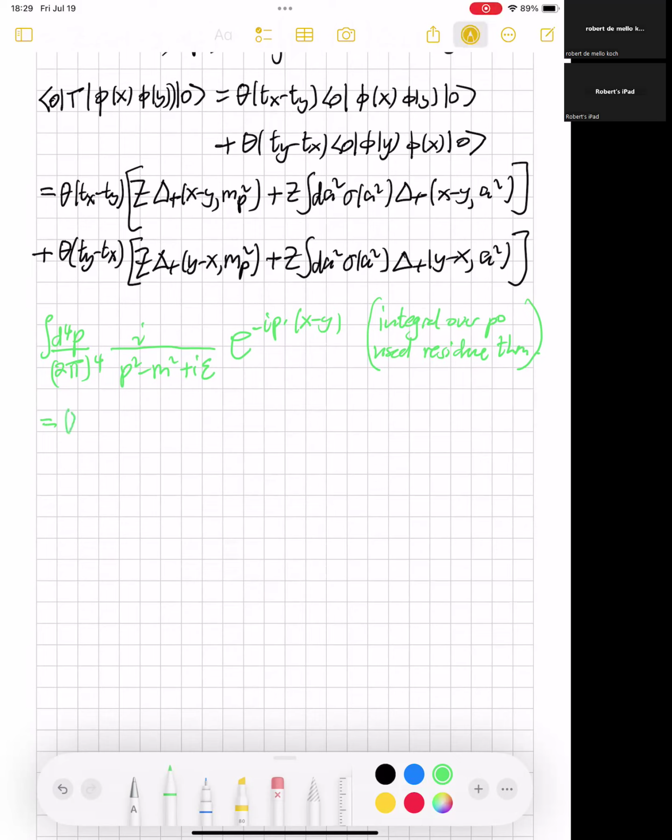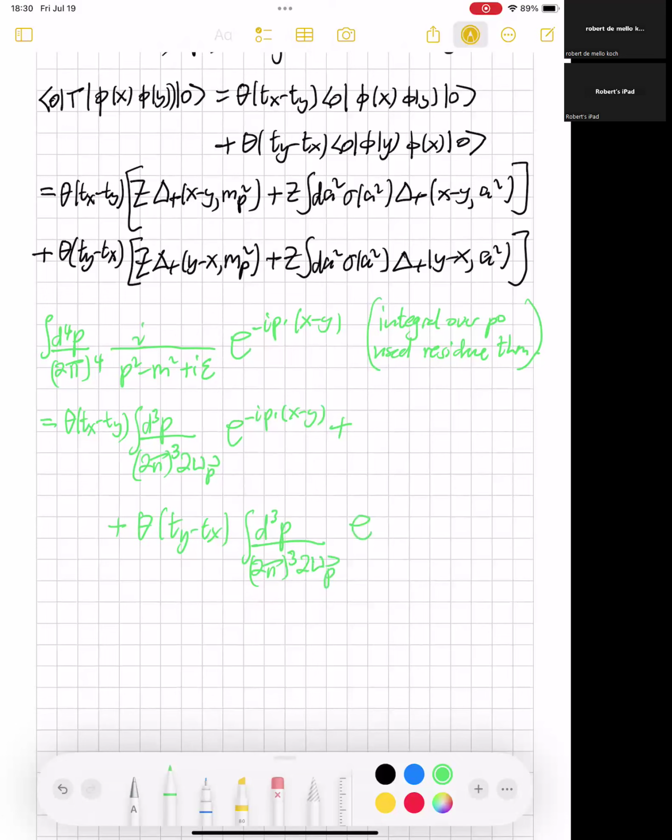The answer looked like a theta of t_x minus t_y times an integral d³p over (2π)³ 2ω_p e^{-ip·(x−y)}, plus a theta of t_y minus t_x times an integral d³p over (2π)³ 2ω_p e^{-ip·(y−x)}.